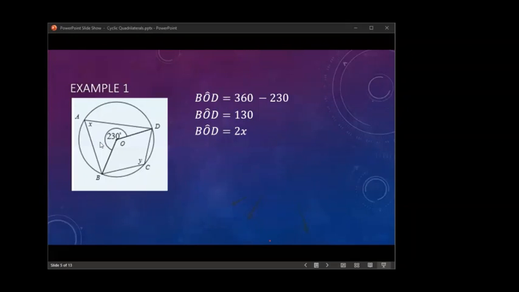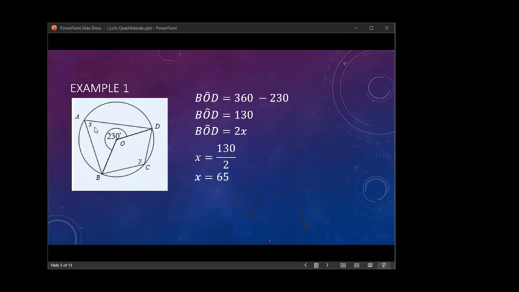From the circle theorems we learned in the last session, the angle subtended at the center is twice the angle subtended at the circle by the same arc. So BOD should equal 2 times x. That means x is equal to 130 divided by 2, which is 65.